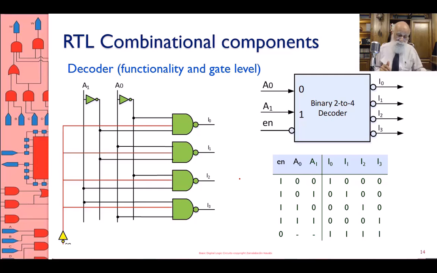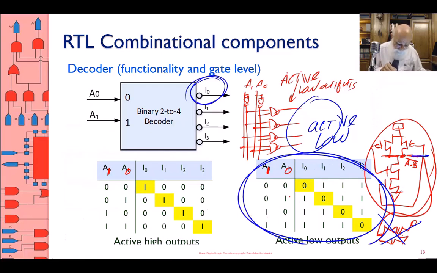So I start with a decoder like this, which is a 2 to 4 decoder, active low output, and once again look to see if I have one input, outputs 0, 2, and 3 are not active, they are 1, output 1, which corresponds to the binary equivalent of A1, A0, that is 0 1, is active. Okay, so I did my decoder.